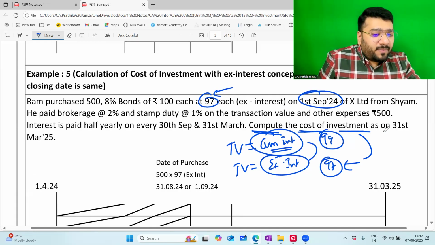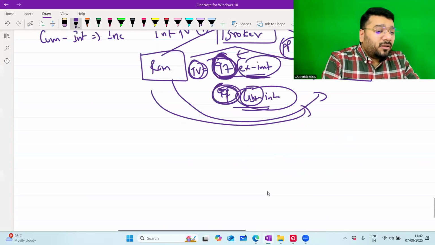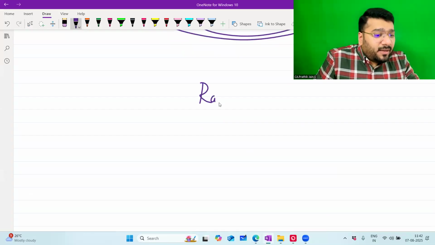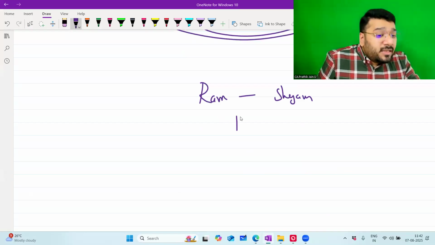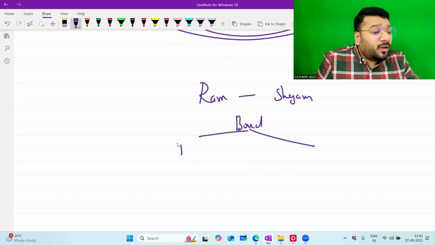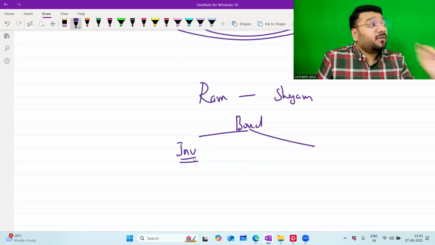Compute the cost of investment as on 31st March 25. They want us to calculate the cost of investment. Now, please understand, between Ram and Sham there is a transaction happening: buying and selling a bond. This particular bond is giving birth to two concepts. One, the concept of investment, meaning the value that Ram is paying to Sham for buying the bond.